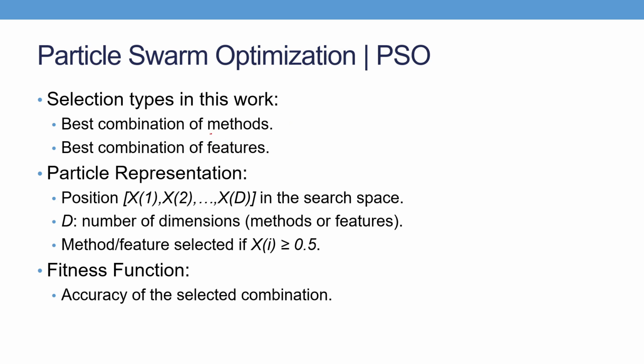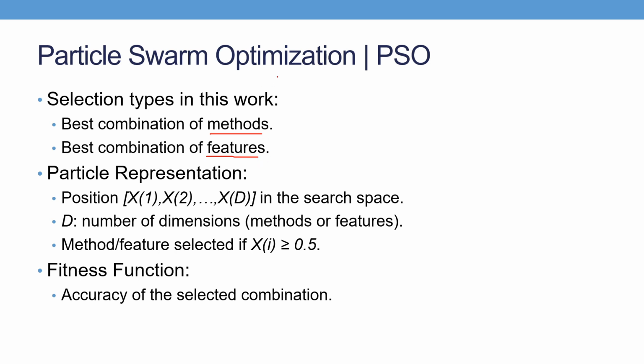The first is the best combination of methods. So we have 34 methods, and we have to select the best combination. The other approach was the best combination of features. So we get all features from all methods and select the best ones. So we're not using all features from a method, but the best feature from method 1 with the best feature from method 2, and combine the features.